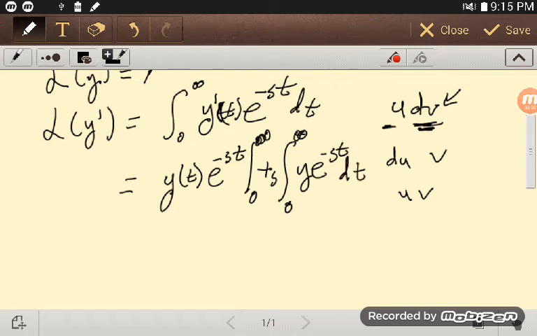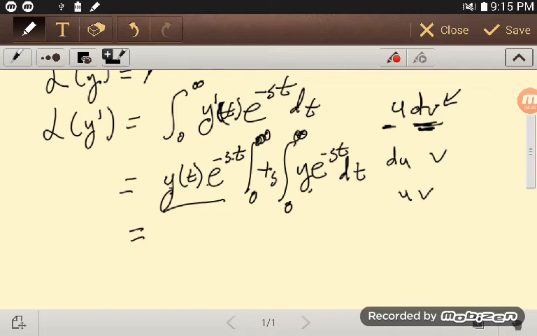Now, back here in the first part, that should have been a y of t right there, but I guess we know that. We need to plug in infinity. We get y of infinity times e to the negative s times infinity.